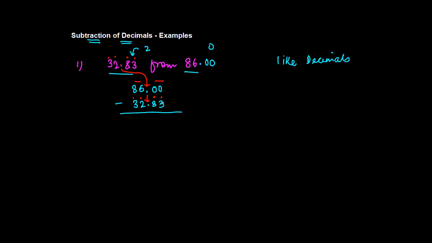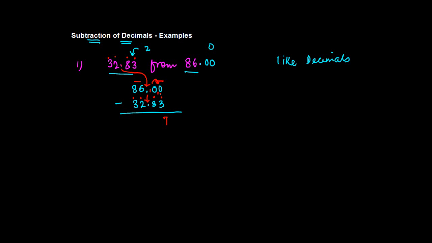Now I need to subtract 3 from 0. Is it possible? No. So what do I do? I'll do one borrowing over here, which makes this 10. 10 minus 3 will give you how much? 7. Now again, this was 0 because one borrowing has happened. From 0 I cannot subtract, so I need to borrow 1 here. From 6 I borrow 1, this makes it 10.